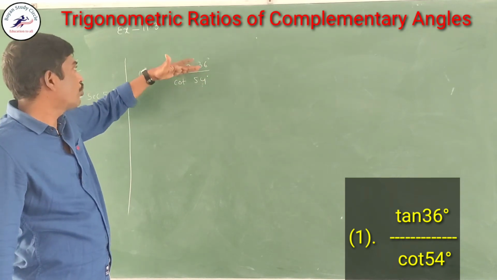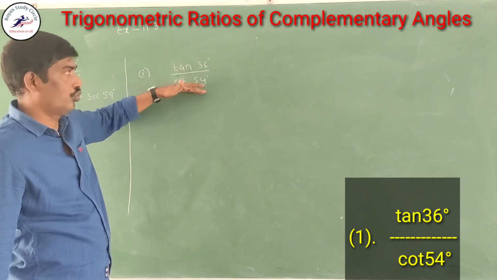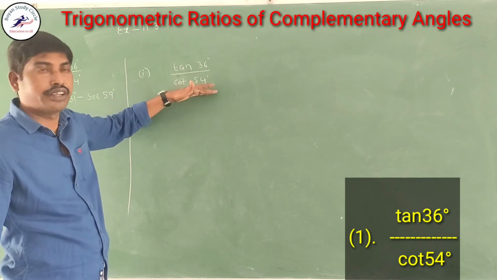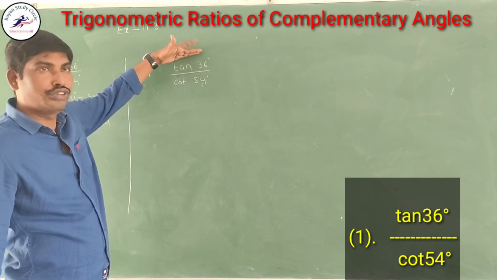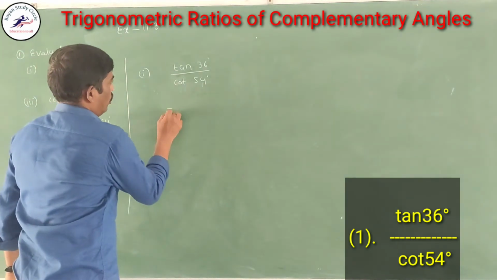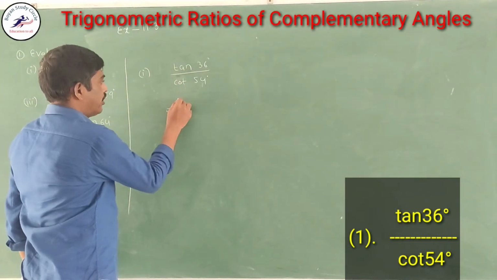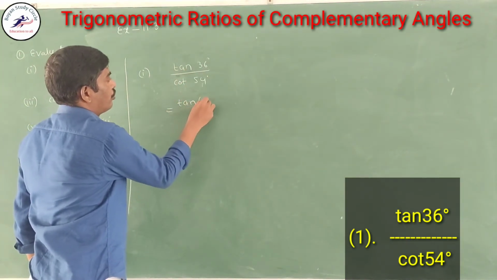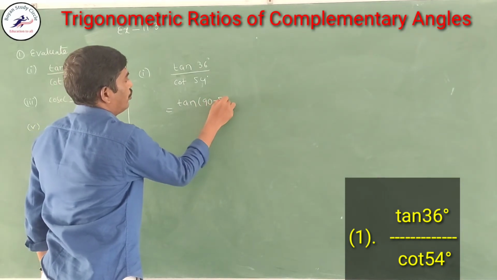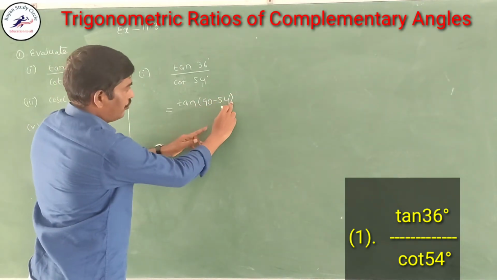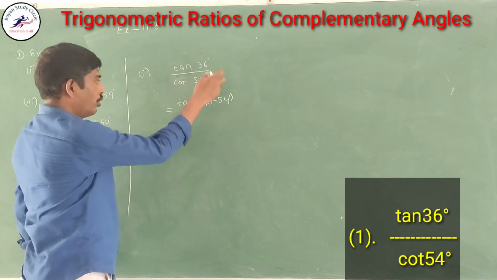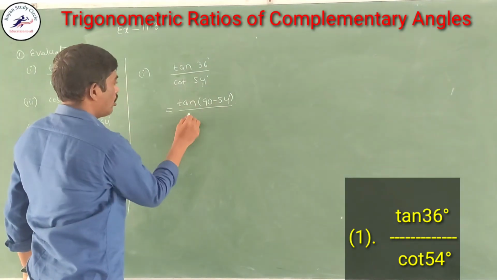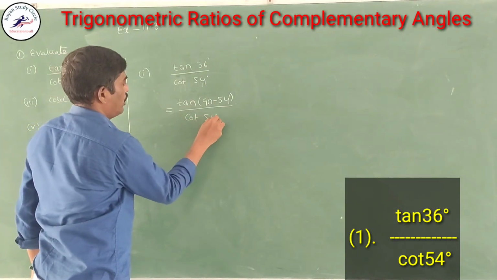So we are going to change either the numerator or the denominator. I am going to change the numerator. So tan 36, I am going to write as tan of 90 minus 54 degrees, since 90 minus 54 is equal to 36, by cot 54 degrees.